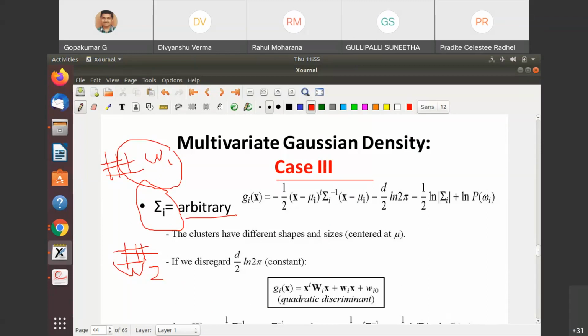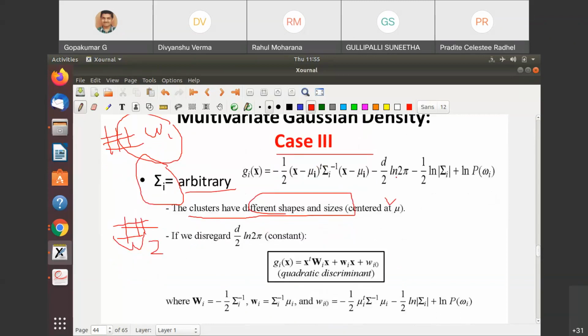So that's arbitrary, it can take any shape, and that's a complex case. The clusters can have different shapes and sizes, and each cluster is centered at its mean vector. That is always true, but the shapes and sizes can be of any kind, because we don't know how the covariances are going to be for each class.